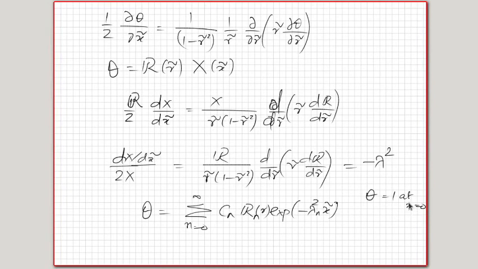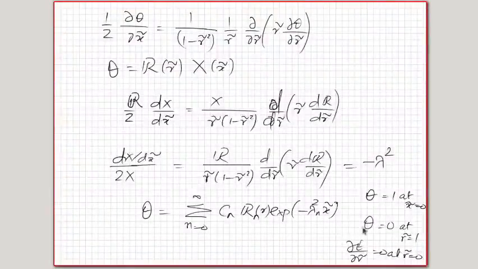So theta is equal to 1 at x is equal to 0 or x tilde equal to 0, and theta is equal to 0 at r tilde equal to 1, that is T equal to T wall, and del theta by del r equal to 0 at r tilde equal to 0. With these boundary conditions, you should be able to evaluate and get these numbers, and you get an analytical solution.